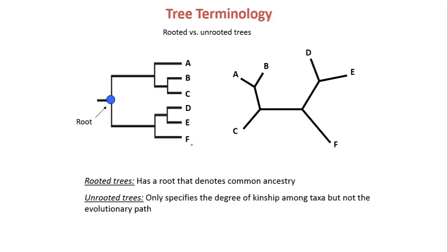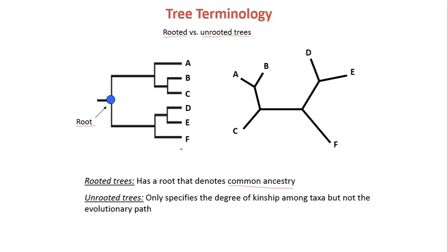Okay, so now trees can be of two types. Trees can be either rooted or unrooted. Over here, this part of your slide shows what a rooted tree would look like. The root in the rooted tree usually denotes a common ancestor of all the operational taxonomic units that you are comparing.